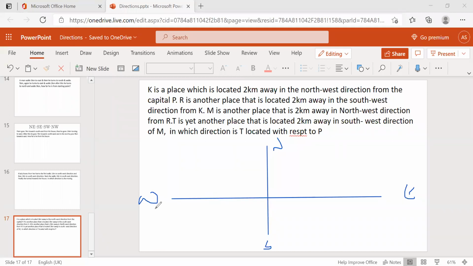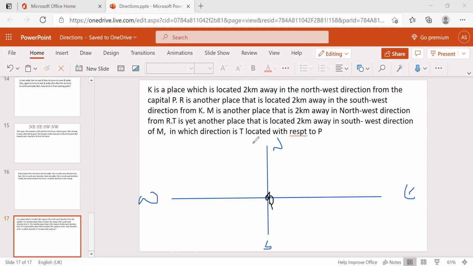Now, first thing, what they're saying: K is a place which is located 2 kilometers away in the northwest direction from the capital P. Suppose this point is the capital P. From here, K is located 2 kilometers away in the northwest.